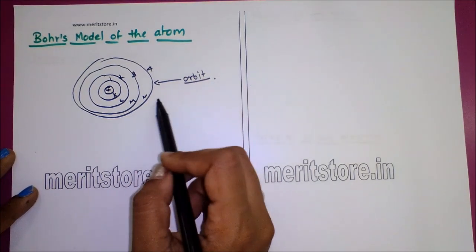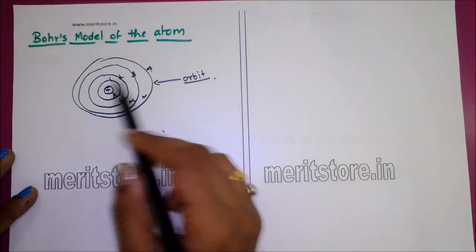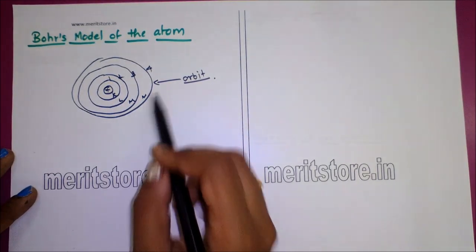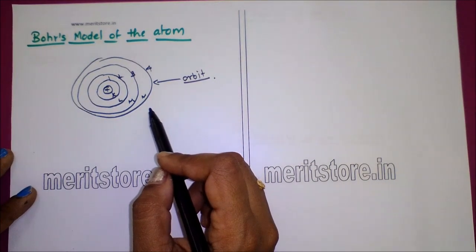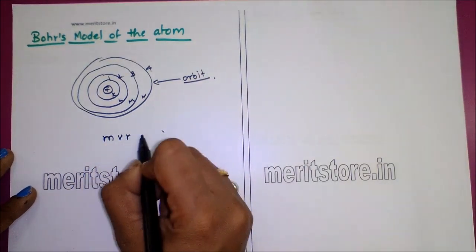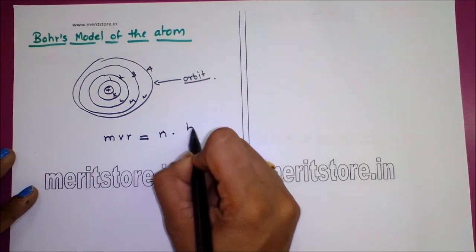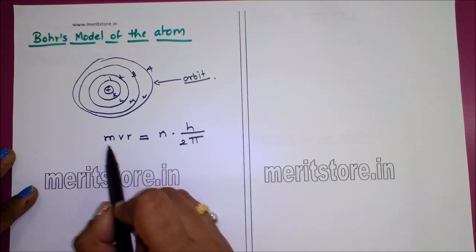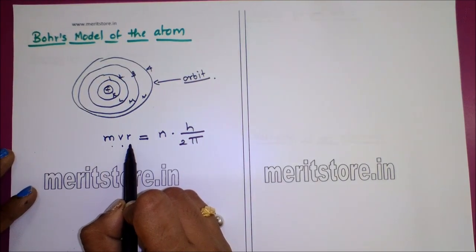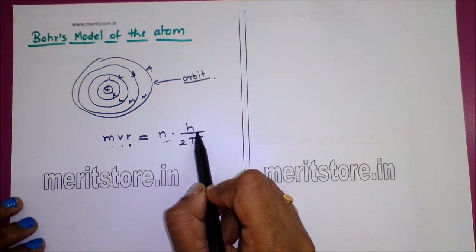The energy will be emitted or absorbed only when the electron jumps from one energy level to the other. Only those orbits are permitted in which the angular momentum, which is calculated by mvr, equals n times h upon 2 pi, where m is the mass of the electron, v is the velocity, r is the radius of the orbit, n is the principal quantum number, and h is Planck's constant.